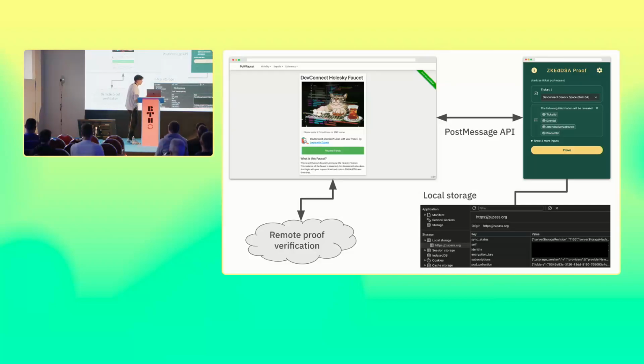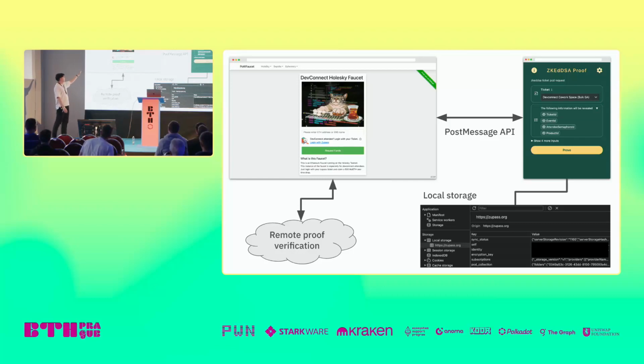Cool. So, okay, that was a text-heavy slide, just to give another analogy of what's going on here. This was one setup we had at DevConnect. We had a developer from the Ethereum Foundation, Philip, who built this Holesky faucet. Holesky is also the name of the city, but Holesky is a testnet as well, and they have a faucet that issues testnet ETH for developers.